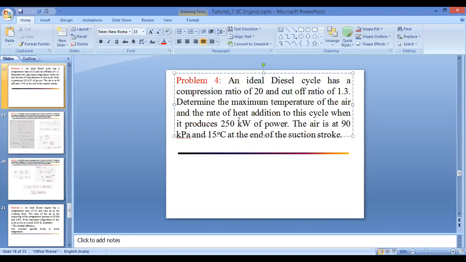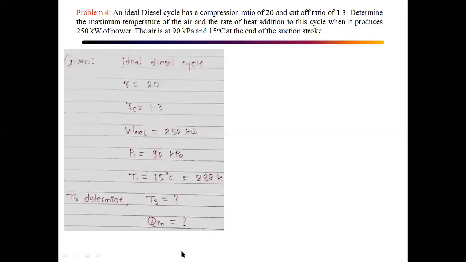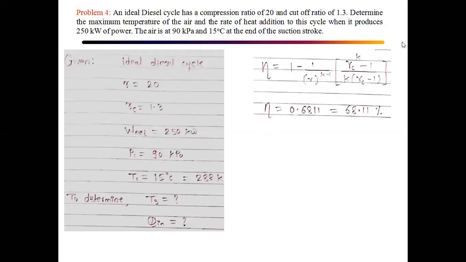Then with the help of efficiency equation, we can calculate the heat addition. Let us write down the given things and the required things. Use the equation of efficiency for the diesel cycle. Now the equation of efficiency for the diesel cycle is different. Value of R is 20. Value of RC is 1.3. Value of K is 1.4.